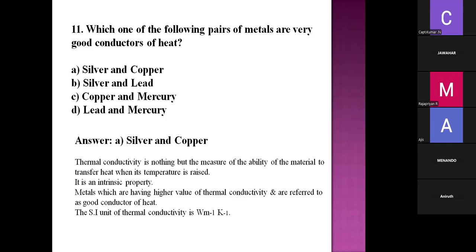Thermal conductivity is the measure of the ability of a material to transfer heat when its temperature is rising. It is an intrinsic property. Metals which have a higher value of thermal conductivity are referred to as good conductors of heat. The SI unit of conductivity is watts per meter Kelvin.